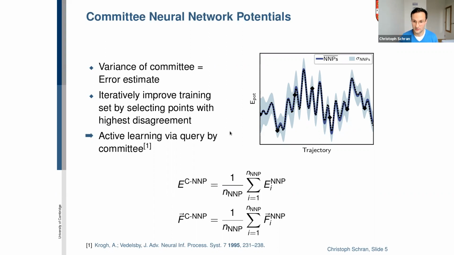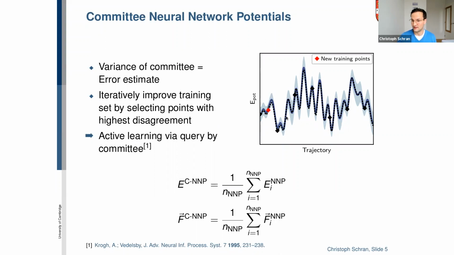That is actually a very useful tool because it allows you to select regions in configuration space where your model is uncertain in its prediction. That gives rise to a very powerful active learning procedure called query by committee, in which you can selectively improve your training set.